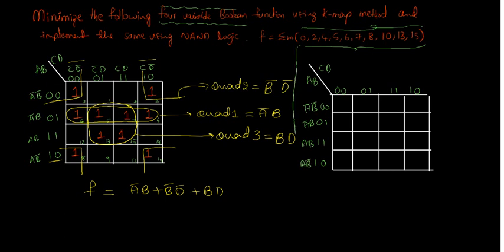Next one is C bar D bar, C bar D, C D, C D bar. Then the cell numbers 0, 1, 2, 3, 4, 5, 6, 7, 8, 9, 10, 11, 12, 13, 14 and 15.